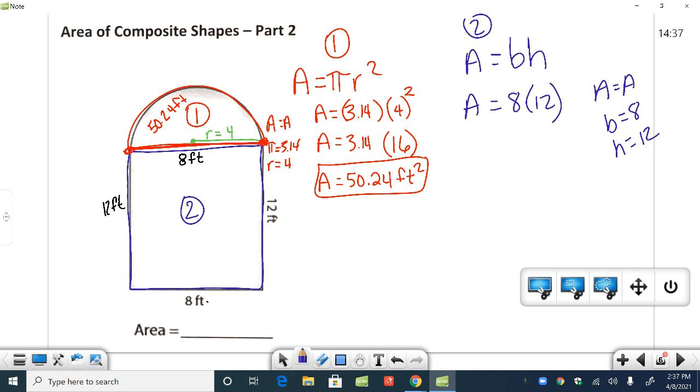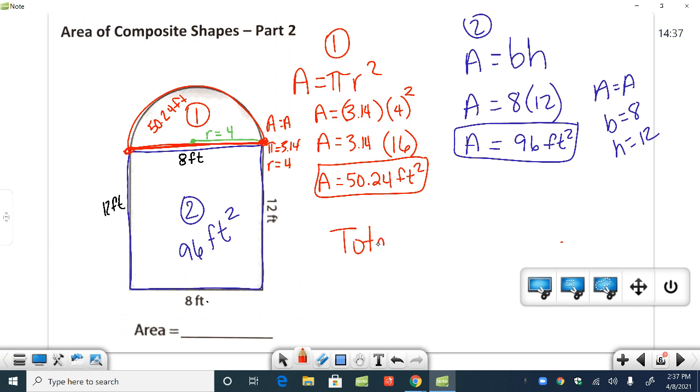When you multiply those two together, you get 96. And that's 96 feet squared. And then what we do is we add the two together to get the total area.